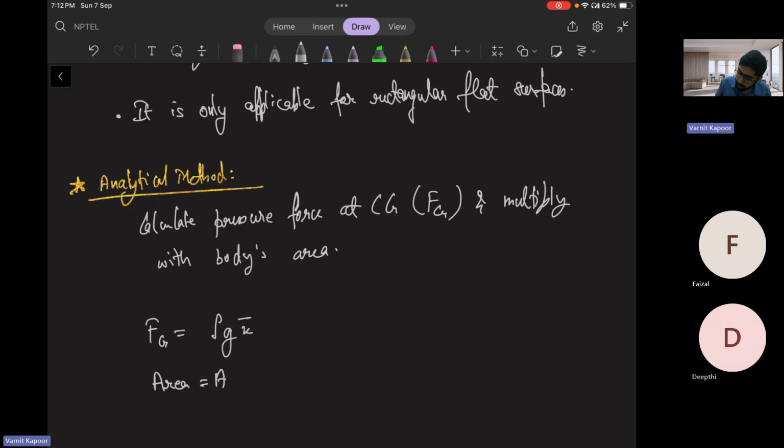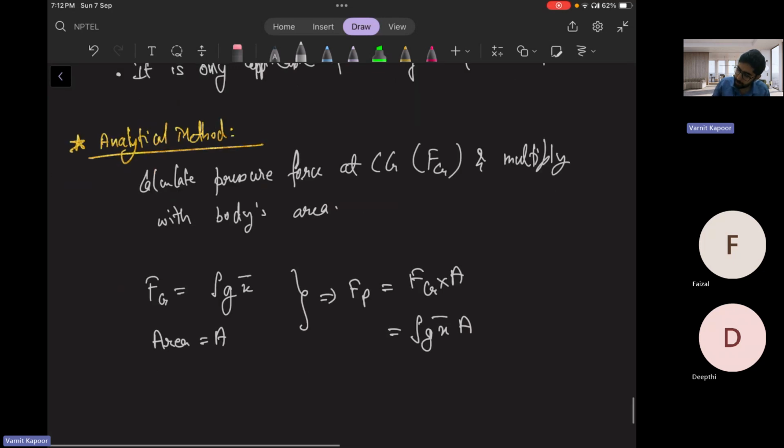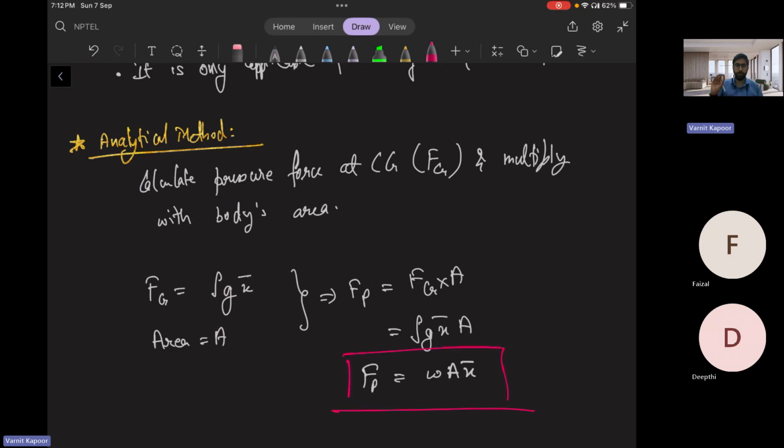Area is A. So using this, your FP will be Fg into area, that is rho g x bar into A. And rho g is W, so W into A x bar. This gives you the same result. Okay, use this technique for calculations.